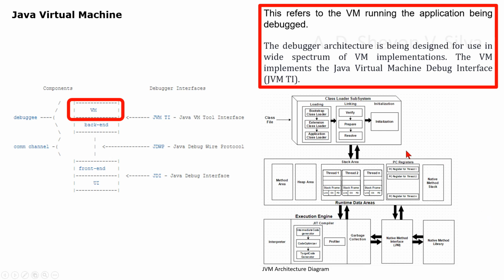Java's dynamic class loading functionality is handled by the class loader subsystem. It loads, links and initializes the class file when it refers to a class for the first time at runtime, not compile time.